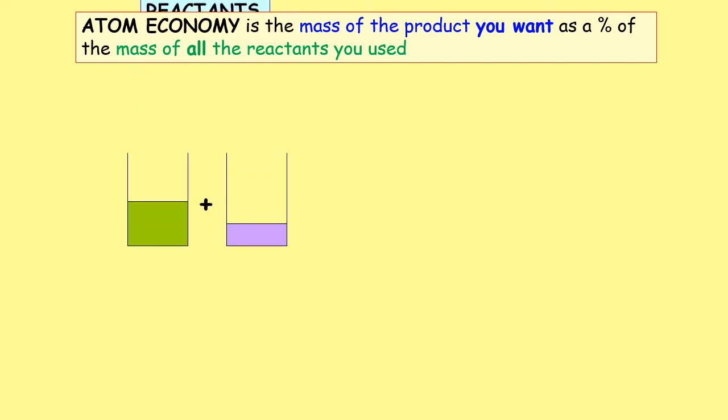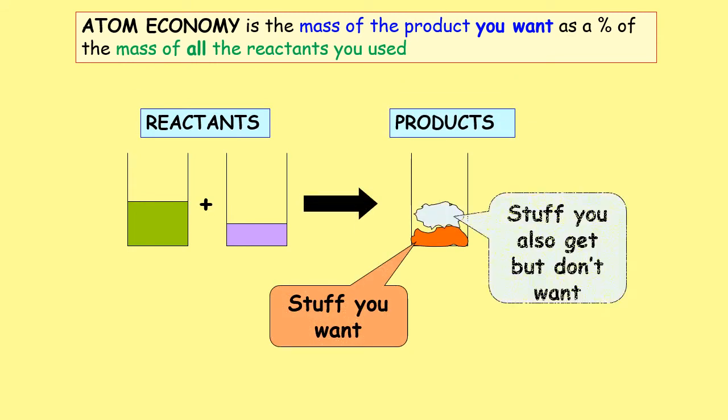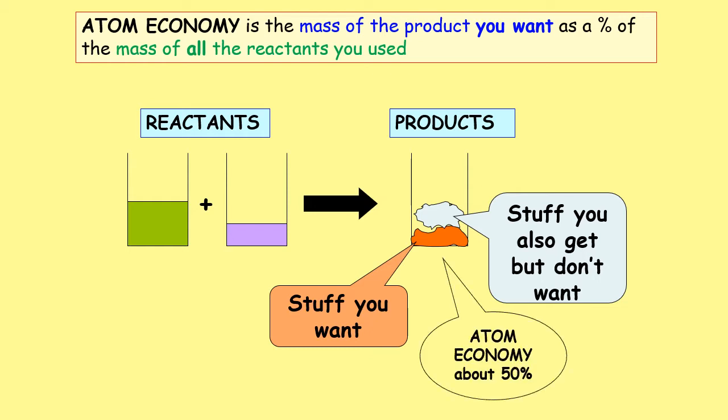For example, if we look here, we have two reactants and they are producing products. Now, most reactions produce two products. Typically, one of the products is a chemical that you wanted and the other one is a byproduct. In this instance, we can see that of all the products we produced, about 50% of it was the stuff that we wanted. And that leaves us with an atom economy of around 50%.